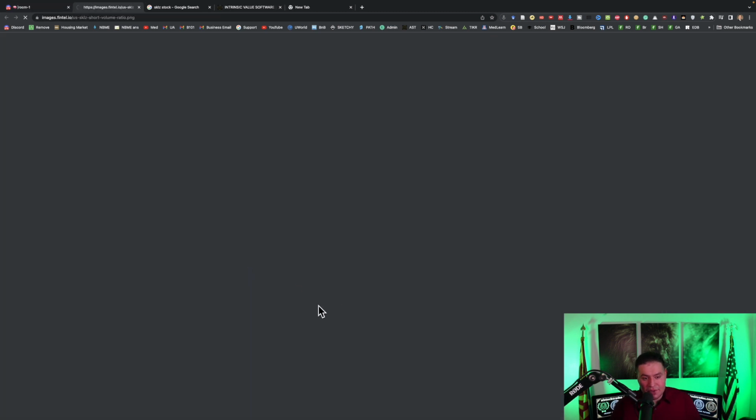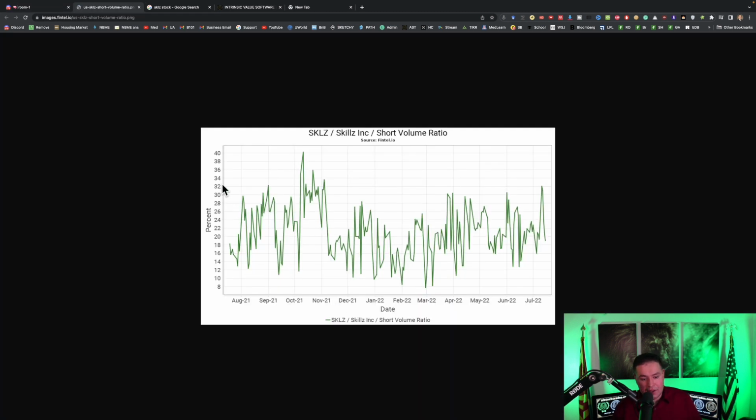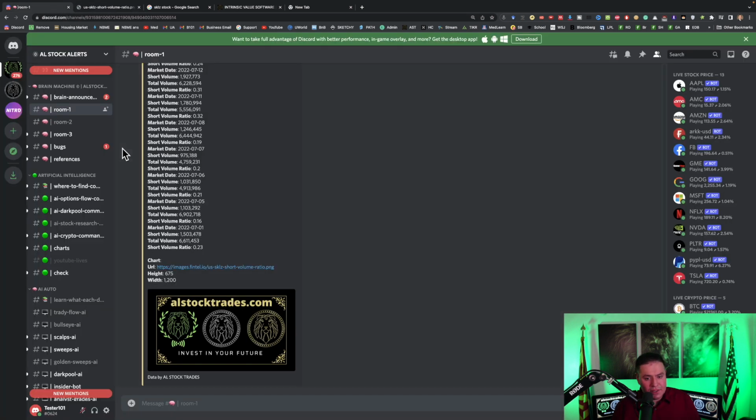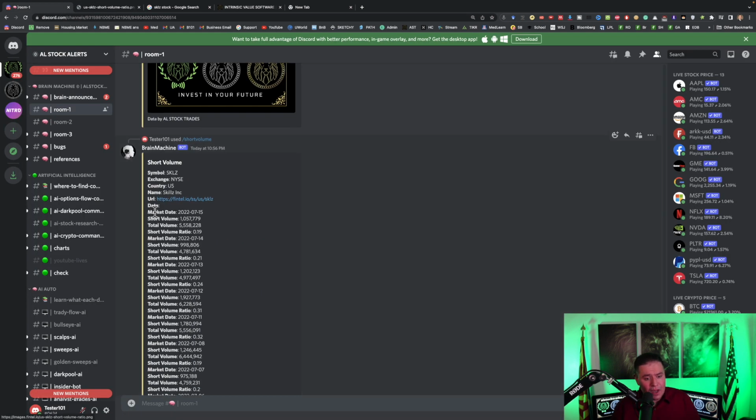Let's look at the shorts here, because I'm sure there's a lot of people shorting the stock. So definitely the short volume is pretty high. It recently just fell here. Let's take a look. This is directly from Fintel. We get access here, and we bring it to our members. We can see around 19% short volume, 21%.